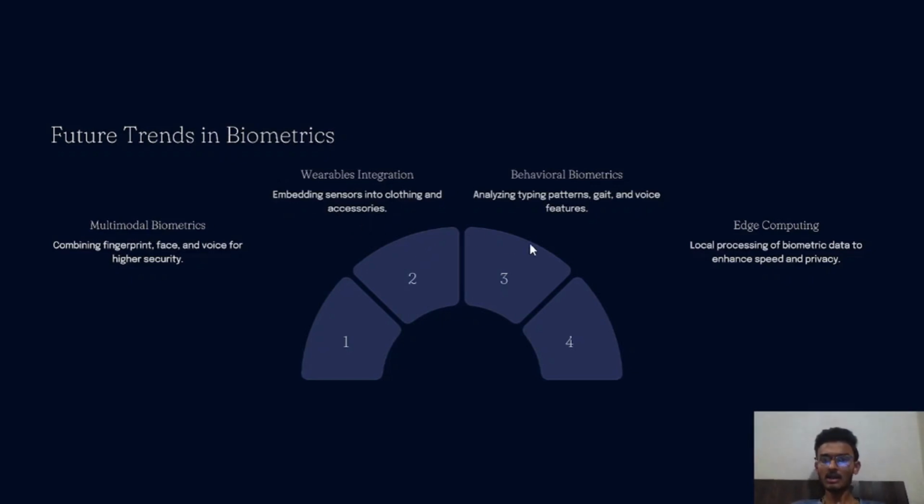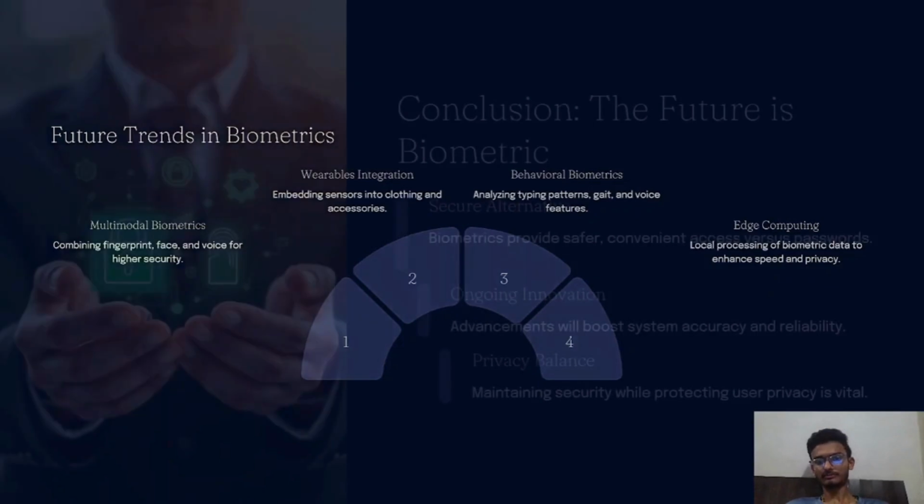The third part is behavioral biometrics, analyzing typing patterns, gait, and voice features. And the fourth one is edge computing, the local processing of biometric data to enhance speed and privacy. These are the future trends in biometrics.